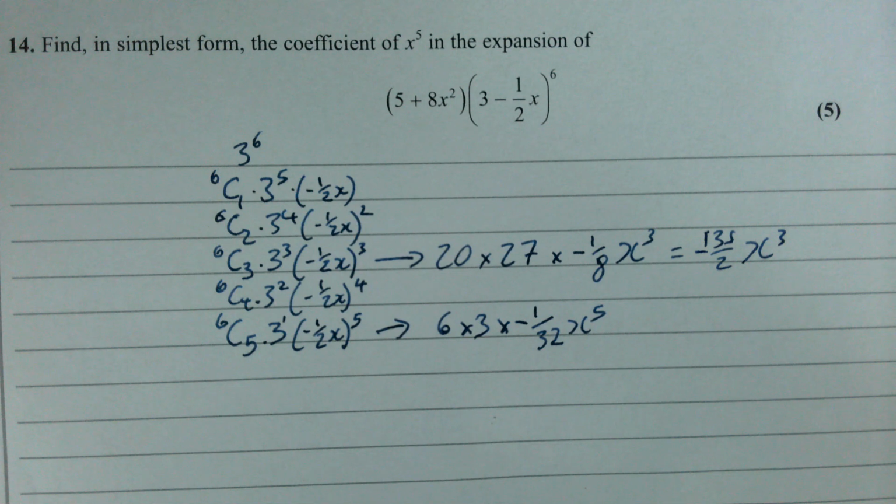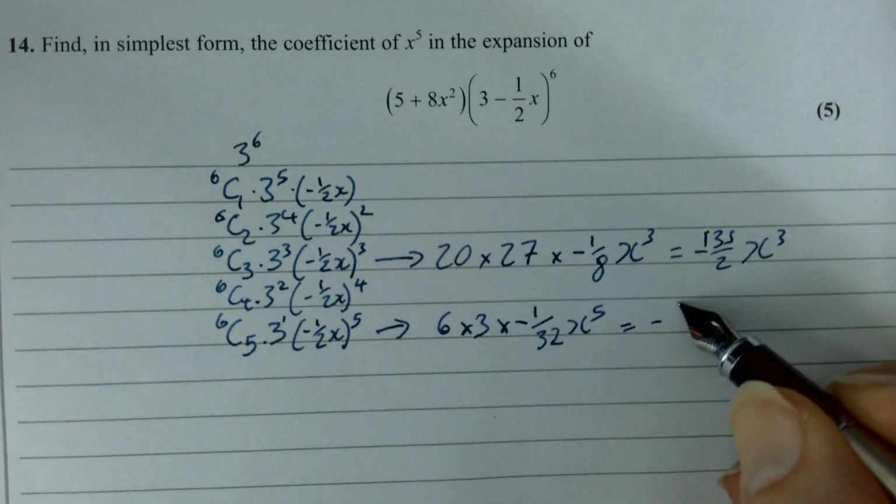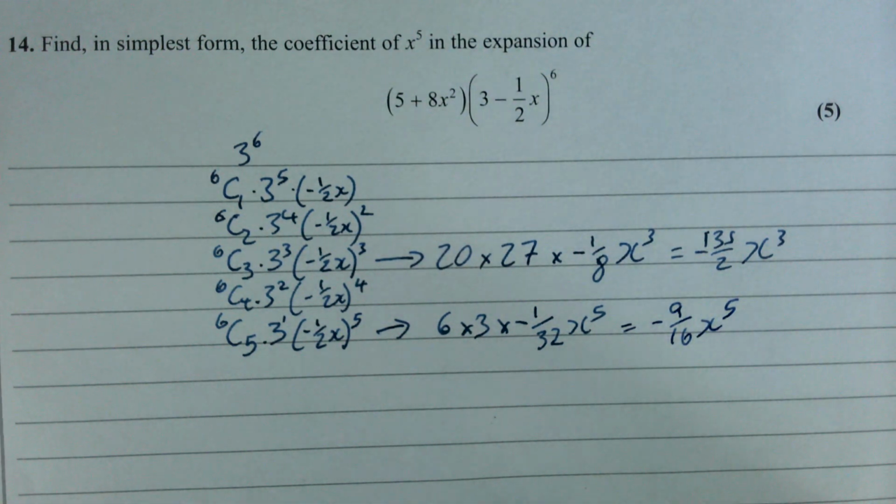And then we've got 3 times 6 divided by 32 is negative 9/16 x to the power 5.